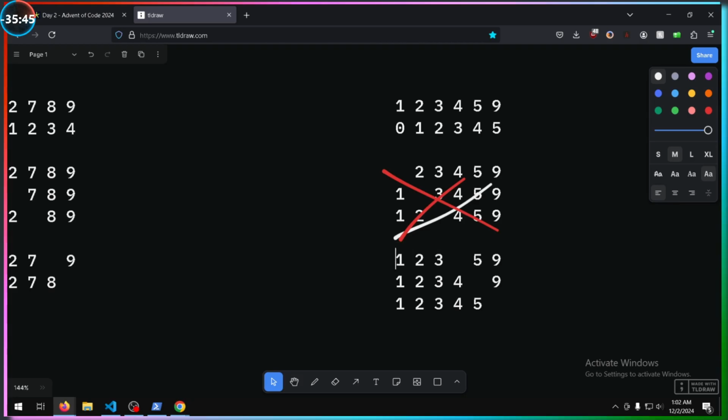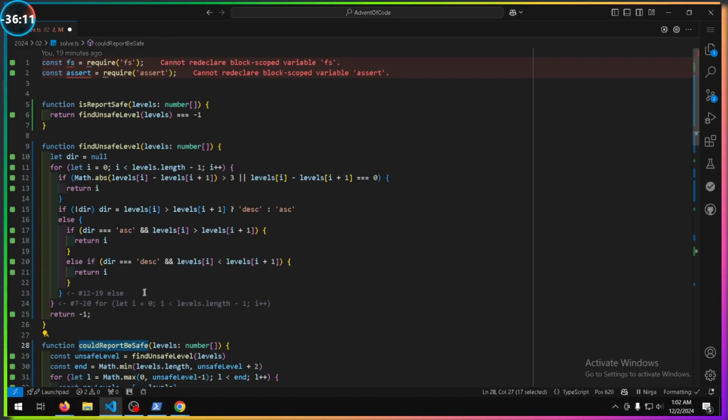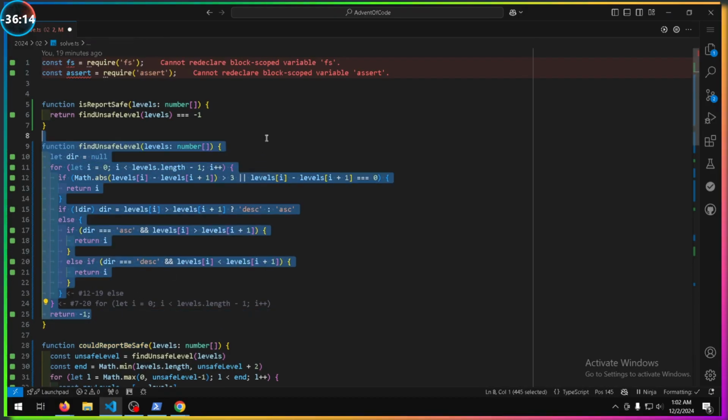Instead, it only removes the problematic ones, which could be the one before the unsafe level, because the predecessor could make it unsafe, the unsafe level itself, or the one following the unsafe level. So by reducing this to not trying to remove all of them, just a few of them, we optimize that. I think the only improvement left is this, but it's mainly going to be the readability of this, not the functionality.